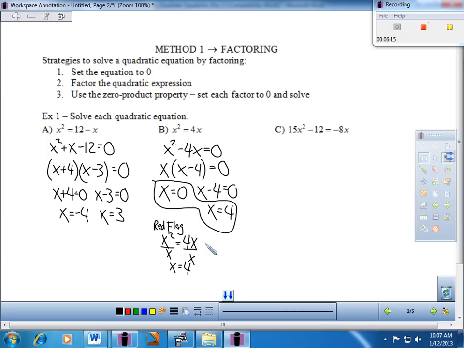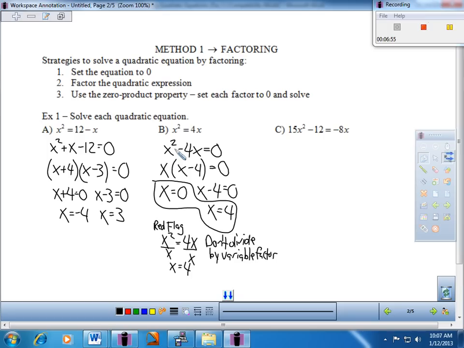I don't know what you want to do here on your notes, but essentially in an equation, dividing both sides is fine, but when you're solving for a variable, don't divide by the variable factor. You lose the solution. However you want to note that is your call. That's why I like setting it to 0, because then I wouldn't even think about dividing by x here, because obviously you couldn't.